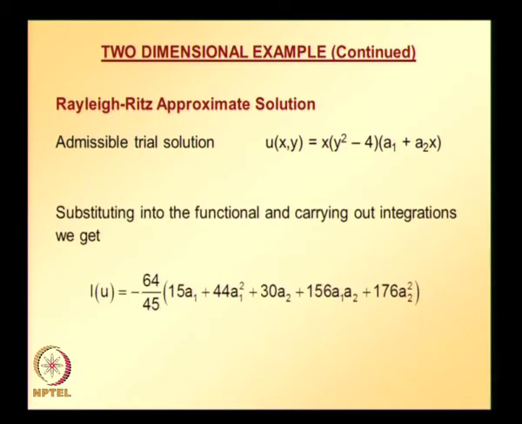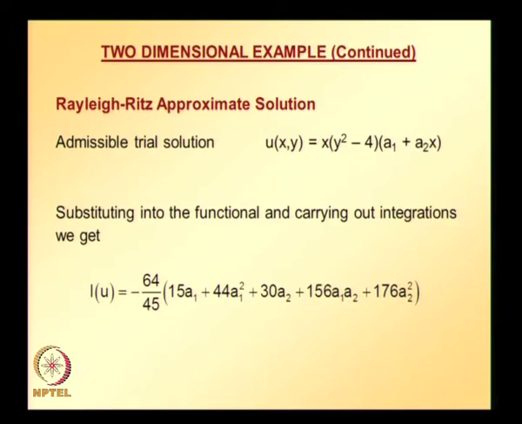Substituting this admissible trial solution into the equation of I, that is the previous equation, which is the equivalent functional, and carrying out the required integrations, we get an equation in terms of a1 and a2, and the variation of this I needs to be 0. Variation of I is going to be 0 only if the partial derivatives of I with respect to a1 and a2 are equal to 0 independently.